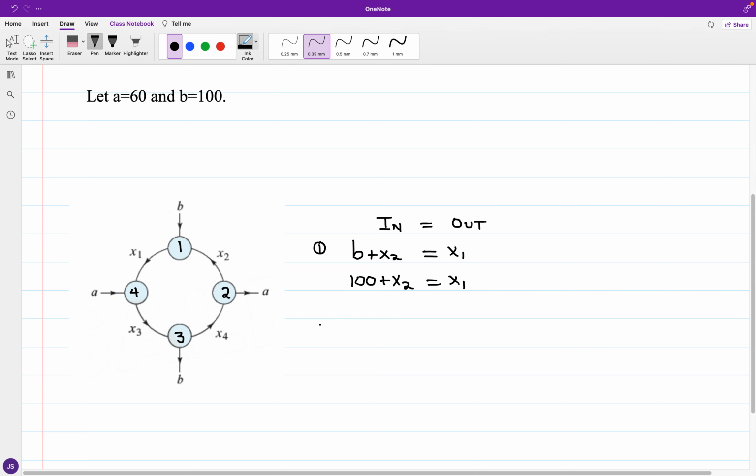For juncture 2, in terms of what is going in, indicated by the arrowhead here, we have x of 4. In terms of what is going out, x of 2 is exiting, and a is also exiting.